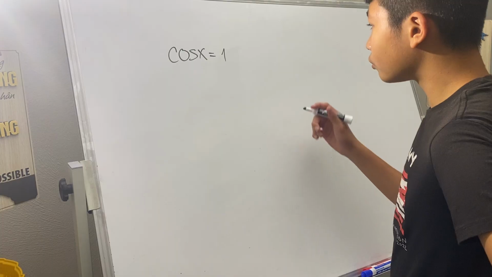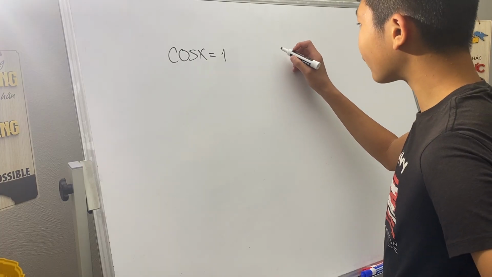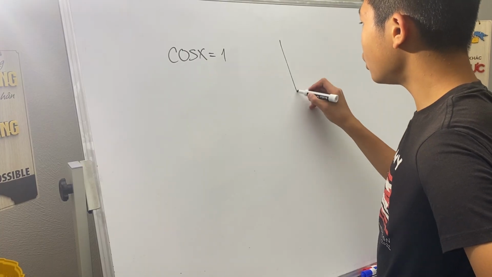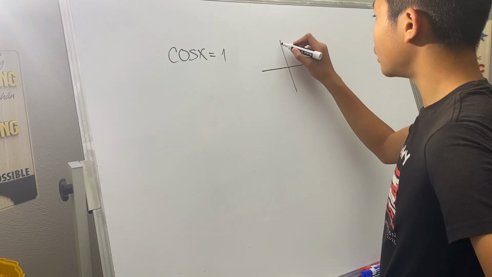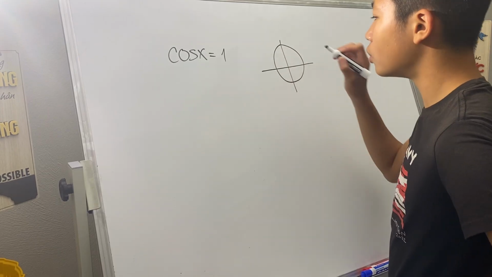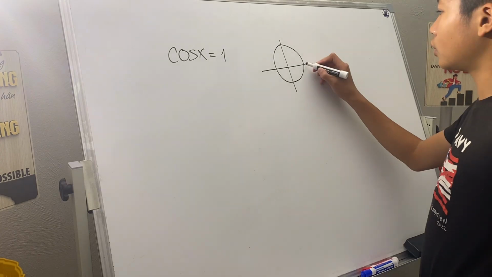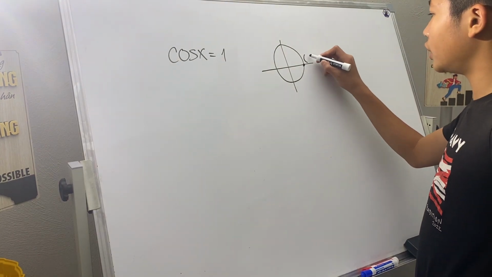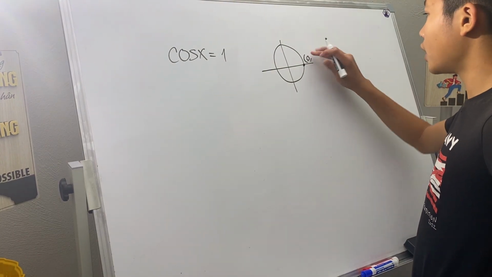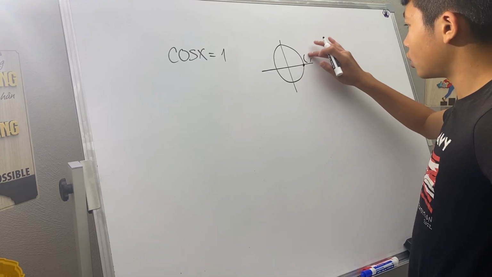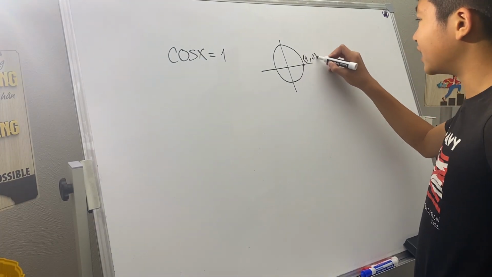Well, if you look at the unit circle, 1 is located right here on the x coordinate. So it's 1, comma 0.